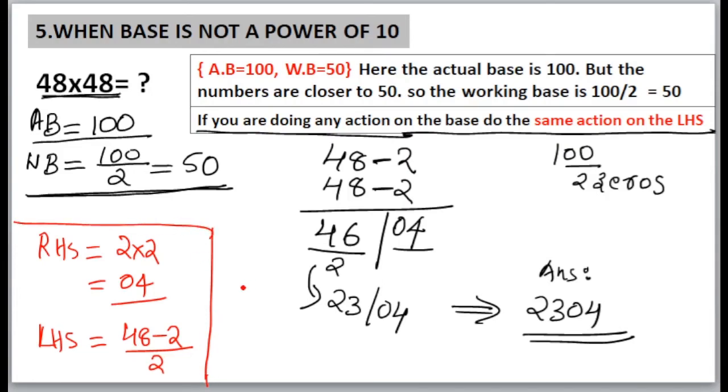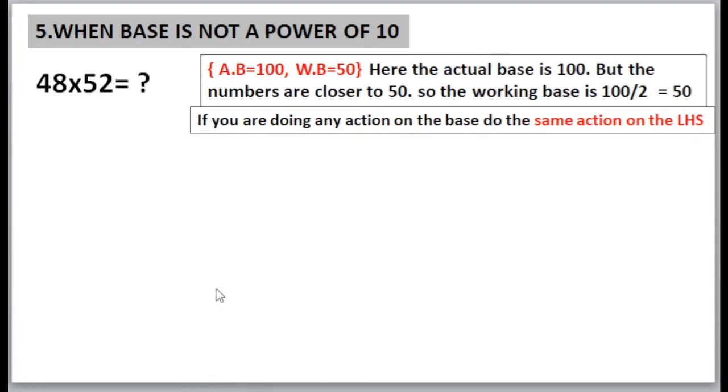Next is 48 into 52. Here both numbers are nearer to 50. Our original base is 100, but we will take the working base as 100 by 2, because both are nearer to 50. It is far away from 100, but the nearest base is 100. So we take the actual base as 100 and the working base as 100 by 2, which is equal to 50.